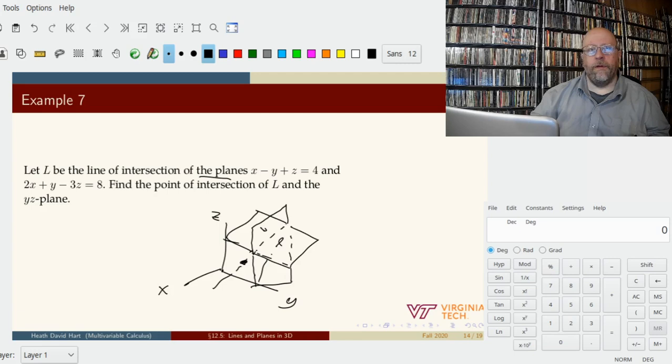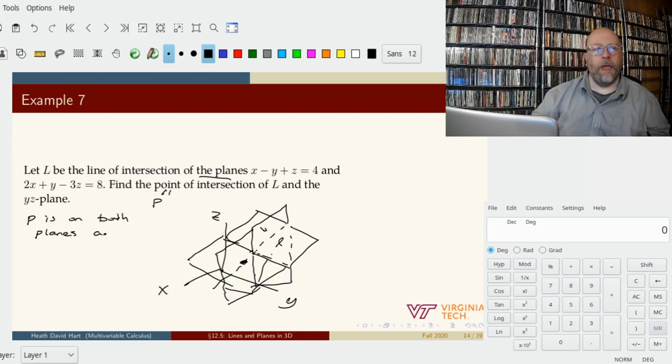Okay. Well, if this point is on line L, then actually these planes will extend to include that point, because L is the intersection of those two planes. And so this point of intersection, let's call it P. P is on both planes and the YZ plane.